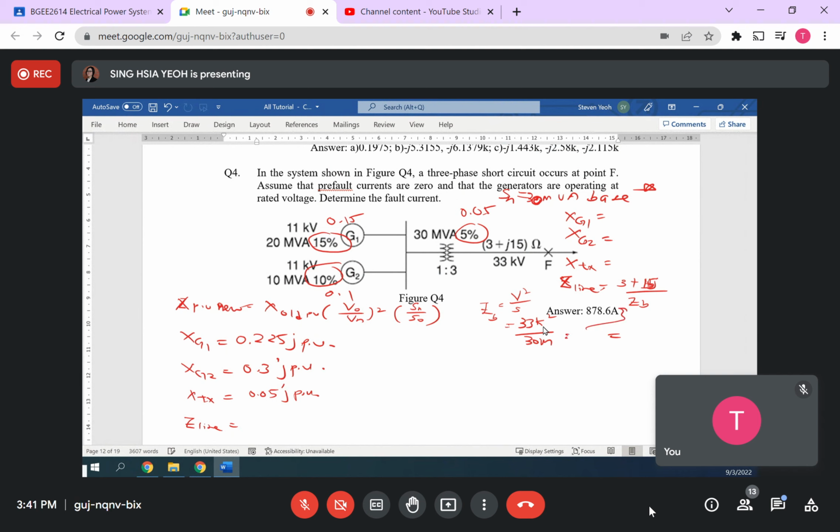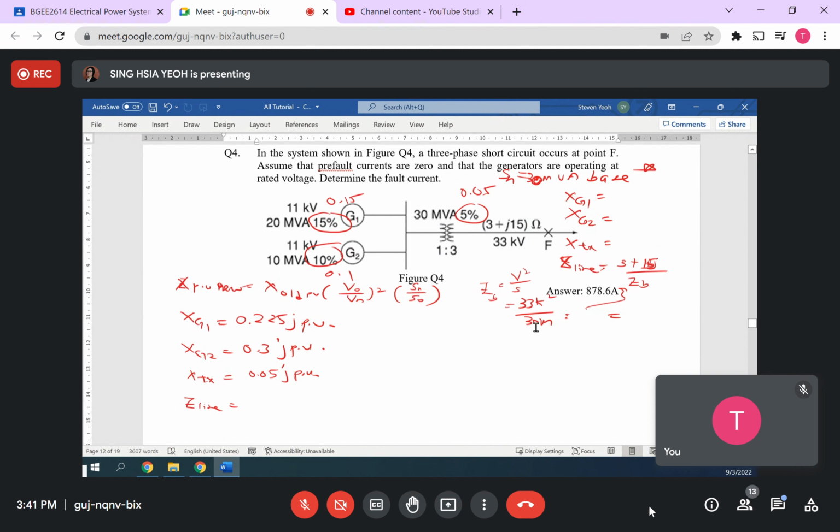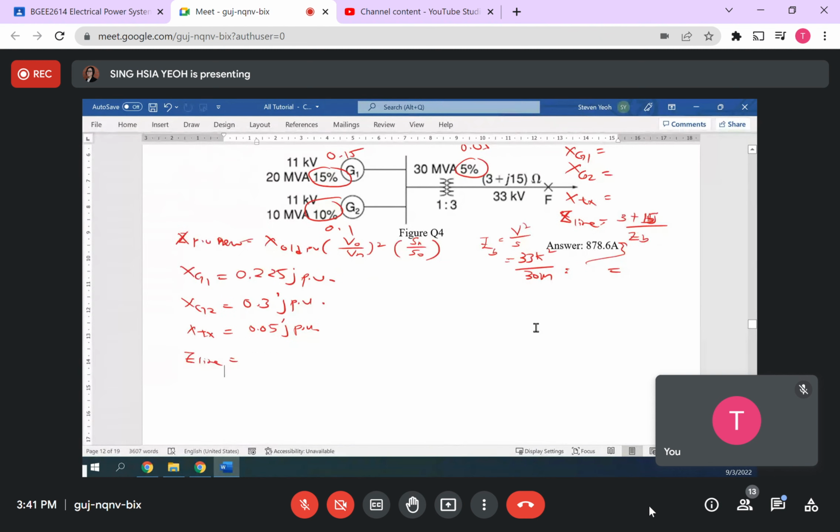You put it here, then you should get Z line equals 0.0826 plus j0.4132 pu. Are you okay?